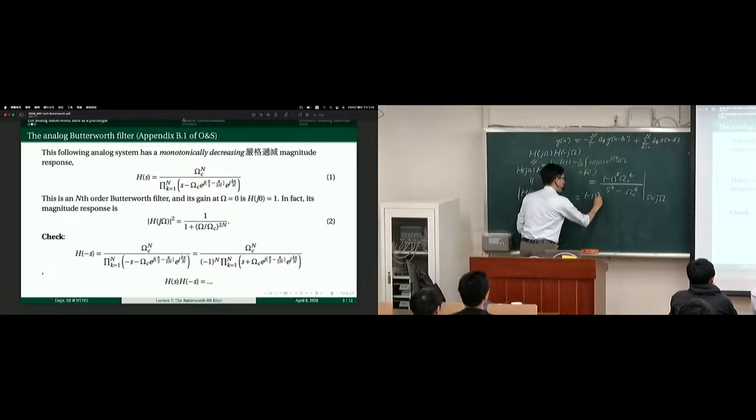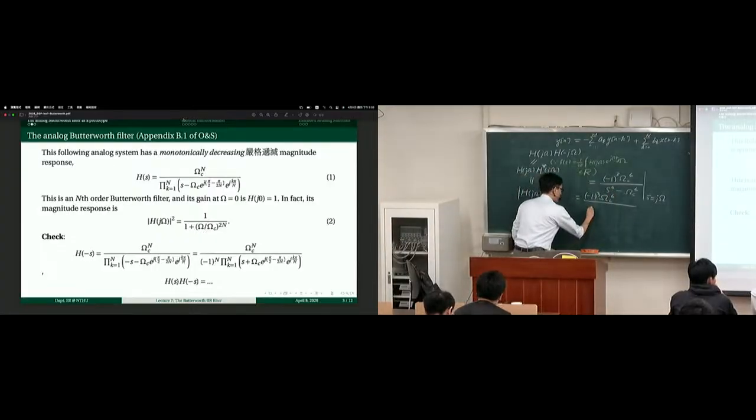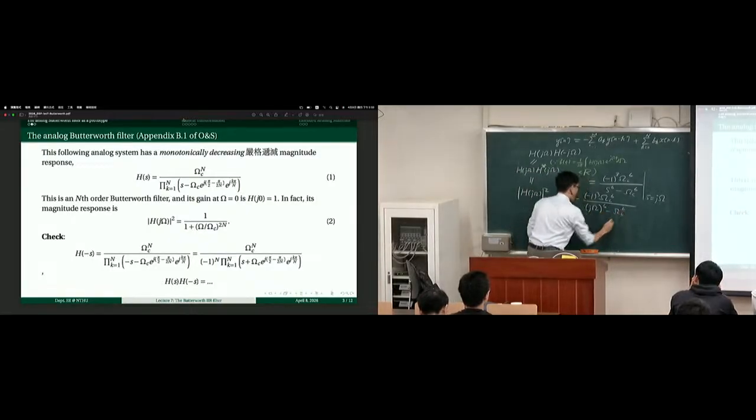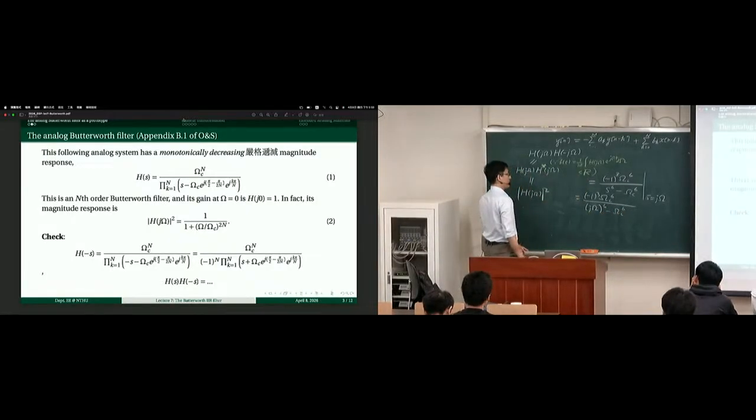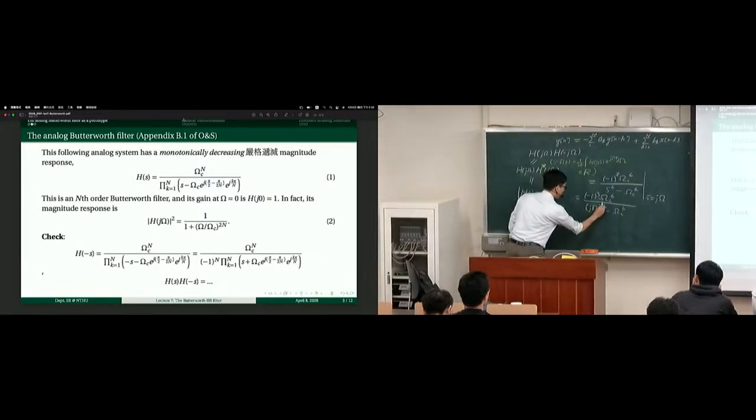So now, minus 1 to the third power omega cutoff to the sixth power, with s equals j omega, right? So j omega to the sixth power minus omega c to the sixth power. So what do we have? Are we really getting there? j to the sixth power, let's figure out.